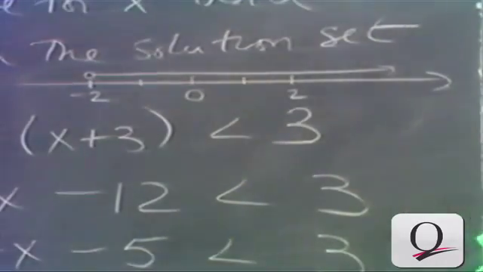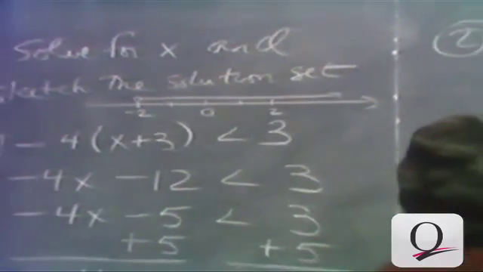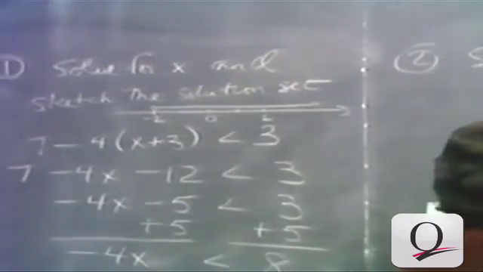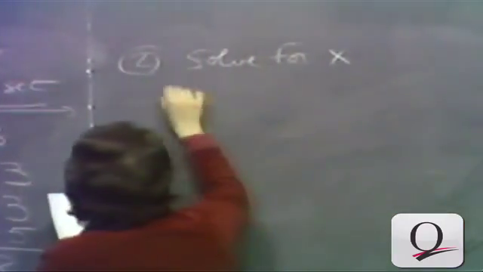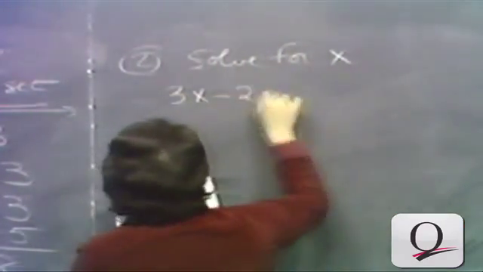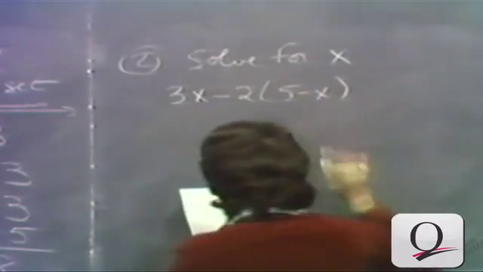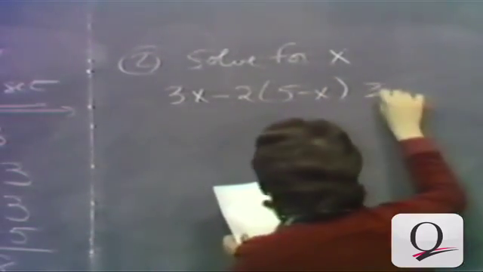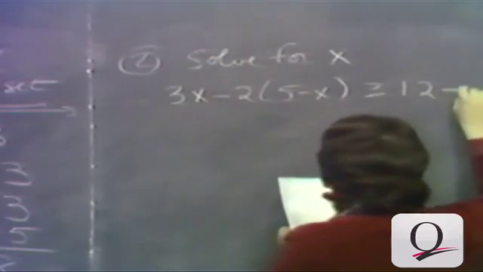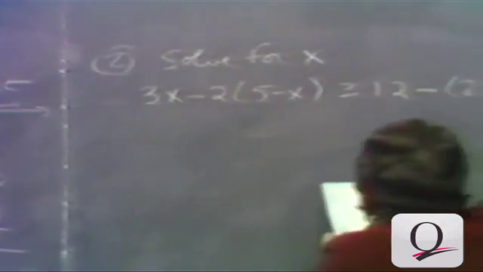Okay, for our second example, solve for x and see what we get. Let's see, 3x minus 2 times (5 minus x) is greater than or equal to 12 minus (2 minus x).